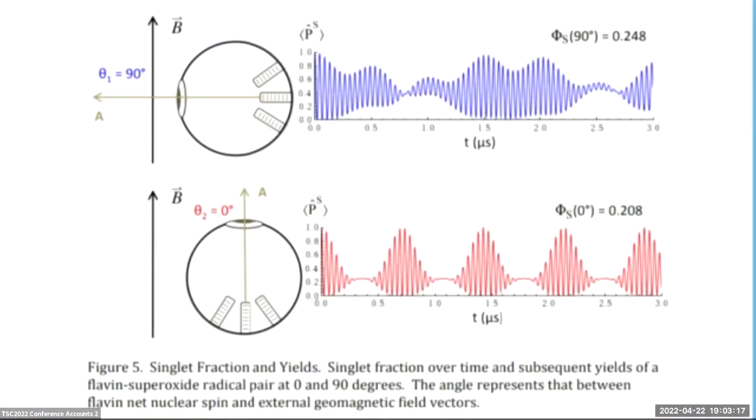As the eye moves within the geomagnetic field, so too does the flavin nuclear spin, which is fixed within the cell membrane of the retina. So when we calculate over time the probability that the radical pair wave function will collapse into a singlet state, it is dependent on the relative angular orientation with the direction of the geomagnetic field.